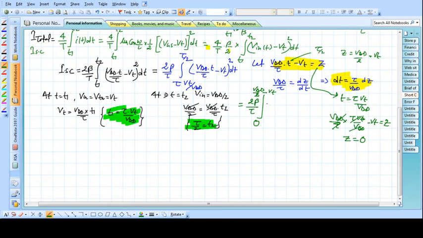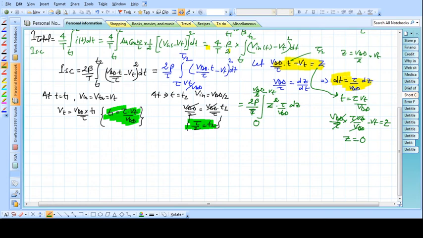And the integrand will be z square. Instead of dt, we write tau by VDD dz.